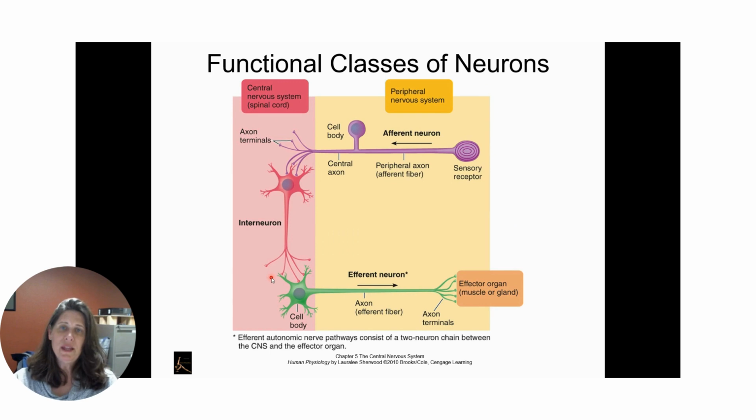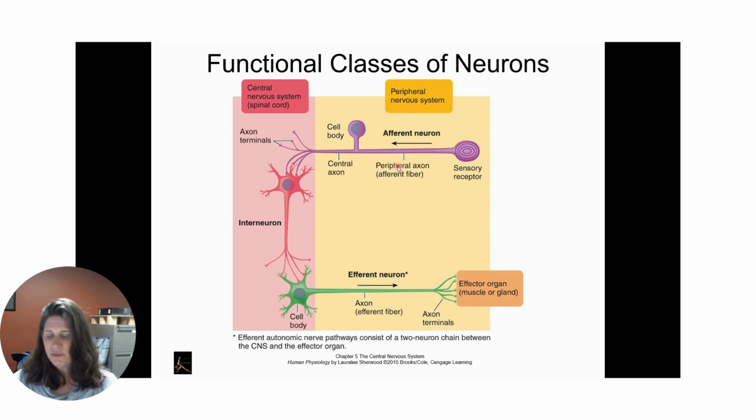So within these systems, within the central and peripheral systems, we have functional classes of neurons. We've looked at this a little bit. You looked at neurons already, and we looked at how action potentials are produced on the axon and what happens at the synapses. But now again, we're labeling these different cells.